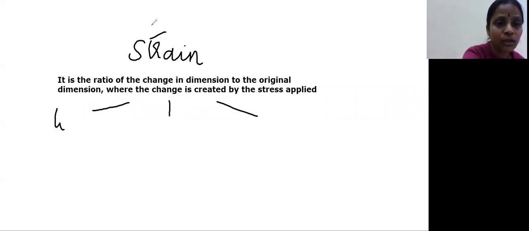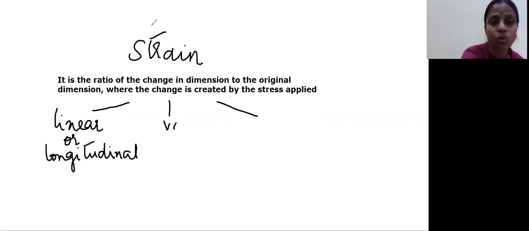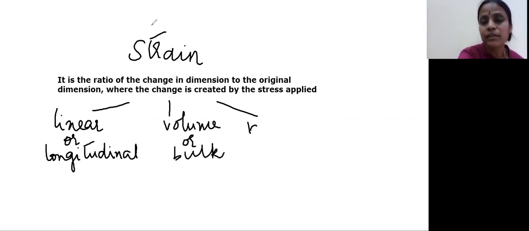The first one is called linear strain, otherwise called longitudinal strain. Then the other one is called volume or bulk strain. And then the last one is tangential or shear strain.